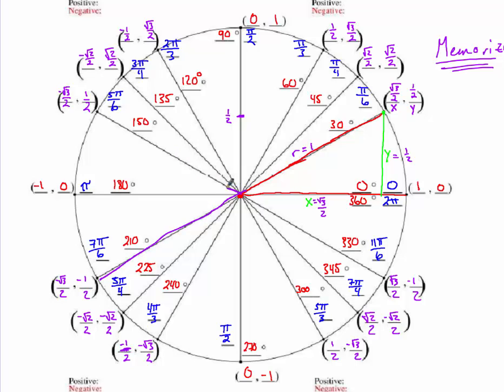And then if you go up and look at 150, 5 pi over 6, it also has those same numbers. And if you follow that down right along this line to 11 pi over 6, or 330 degrees, it has the same numbers and the signs are different.